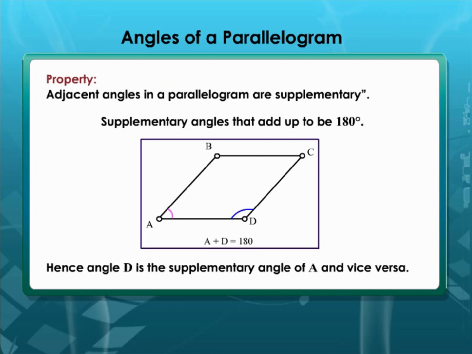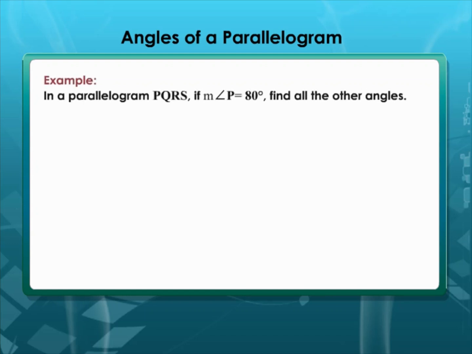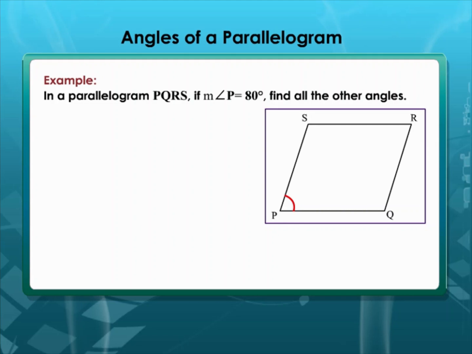Consider the example. In a parallelogram PQRS, if measurement of angle P is equal to 80 degrees, find all the other angles. Given measurement of angle P is equal to 80 degrees. Then measurement of angle R is equal to 80 degrees because angle R and angle P are opposite angles of a parallelogram.